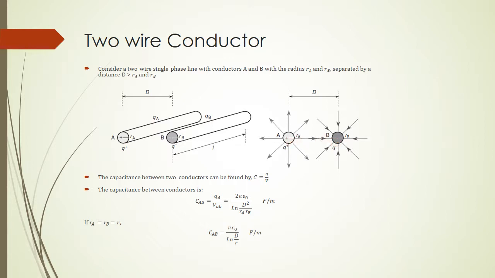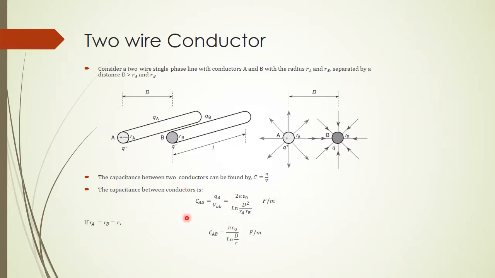Then, using the formula C equals Q over V, we can extract the capacitance between line A and line B. The detail is given in the textbook and also the lecture notes.